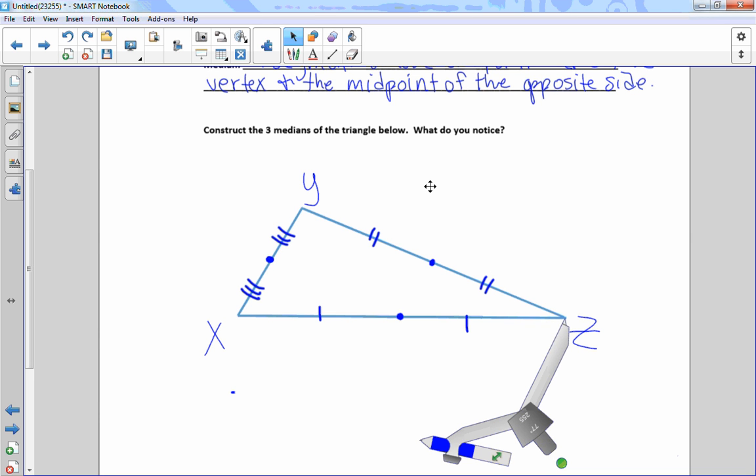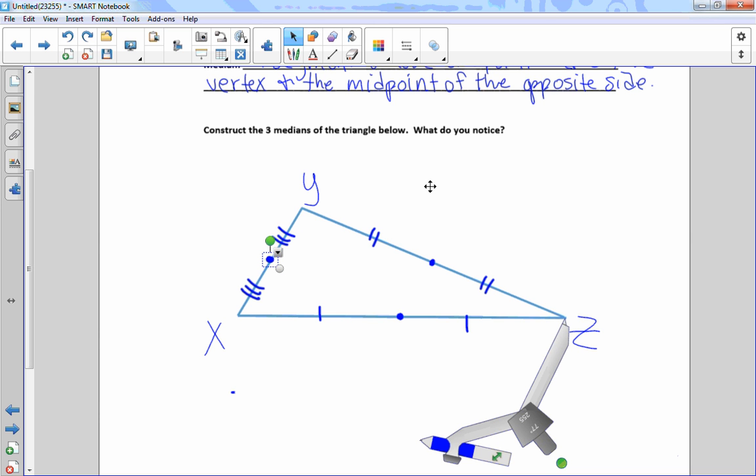Okay, now we're going to take each midpoint and connect it to the opposite vertex. So, which vertex should I connect this point to? That's the definition of median: midpoint to the opposite vertex. It needs to be the opposite side.